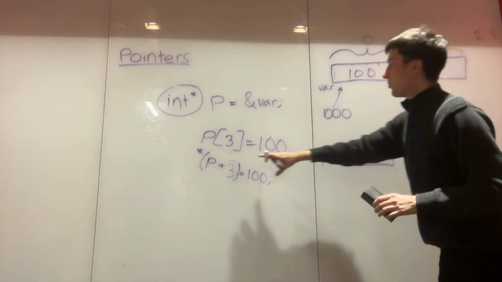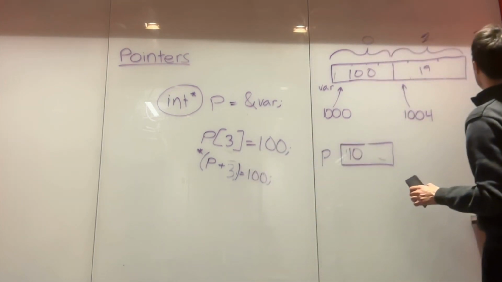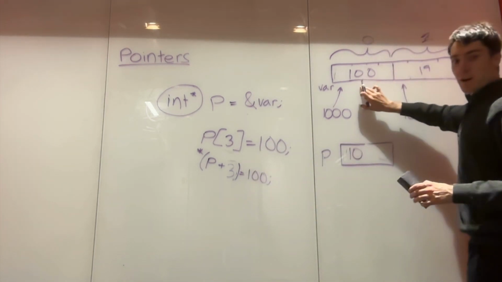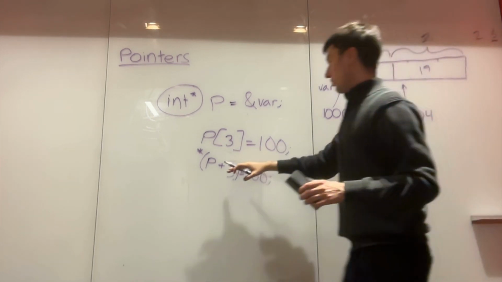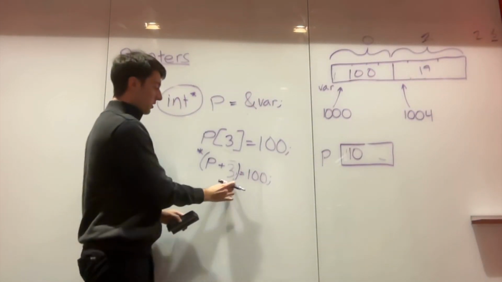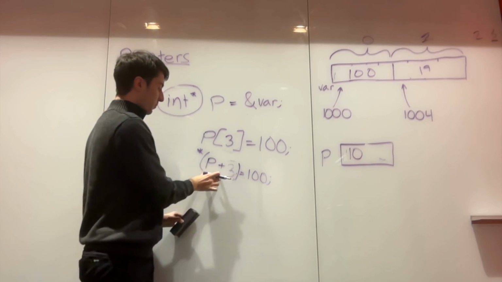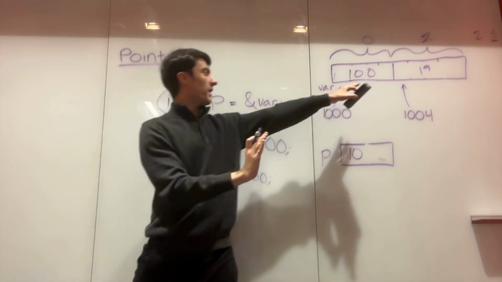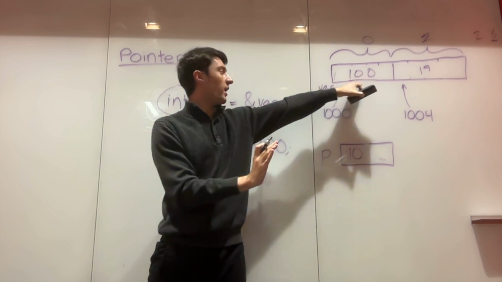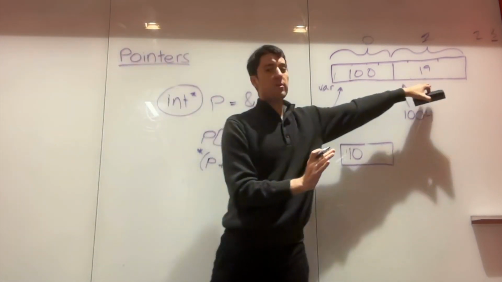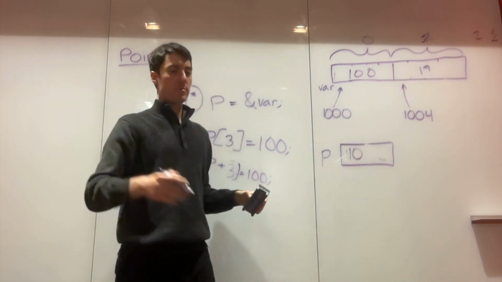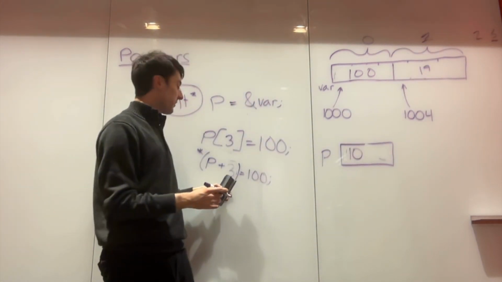Okay, and so we want to get the third index here. So that's going to be 0 plus 1 plus 2 plus 3. So this is a plus 3 here, but p actually is right here, not p plus 1. P plus 1 would be right there. Okay, just wanted to clear that up.